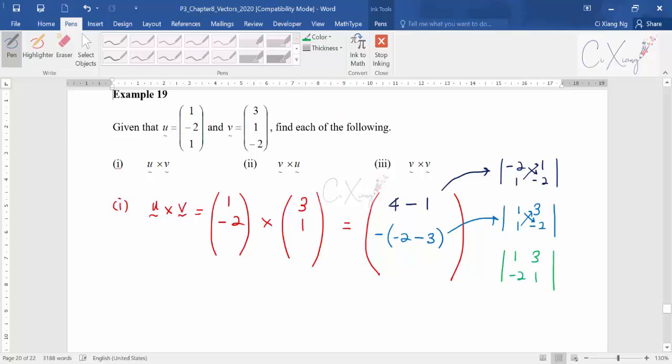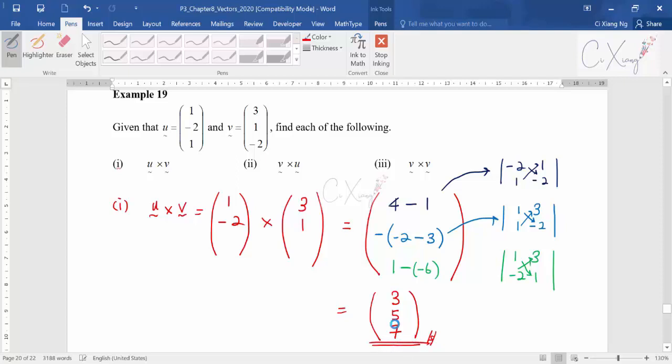To get the value, you take 1 multiply with 1, you get a 1, minus -2 multiply with 3, you get -6, right? Minus -6, or you straight away write 1 plus 6 also can. So when you carry out this, your final answer should be 4 minus 1, which is a 3. This one should be a 5, and also you get a 7. So the answer should be 3, 5, and 7.